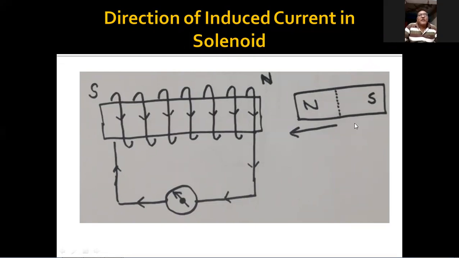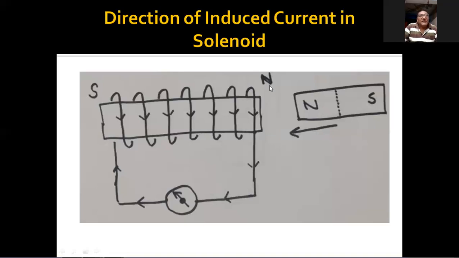Here I have a permanent magnet. Its north pole is facing the right side of the solenoid, and this permanent magnet is moving towards the right side of the solenoid. According to Lenz's law, this side of the solenoid will become the north pole, and this side will become the south pole.